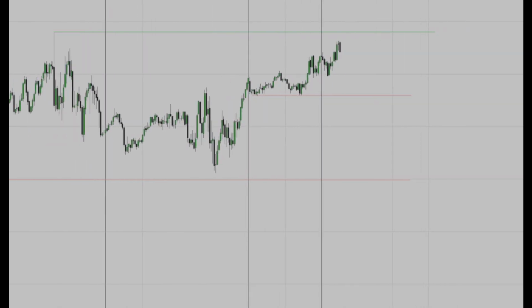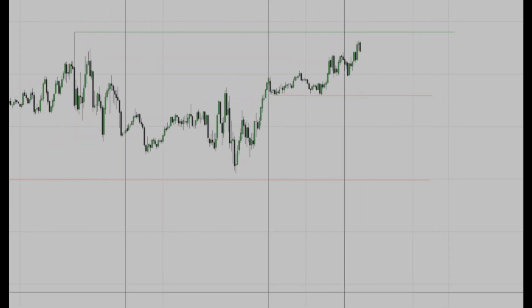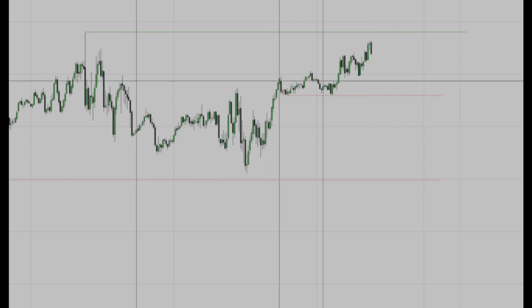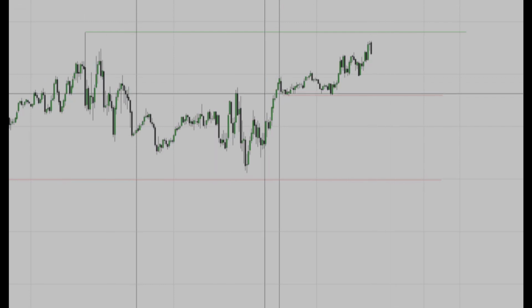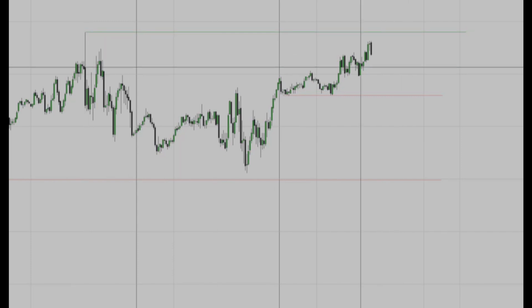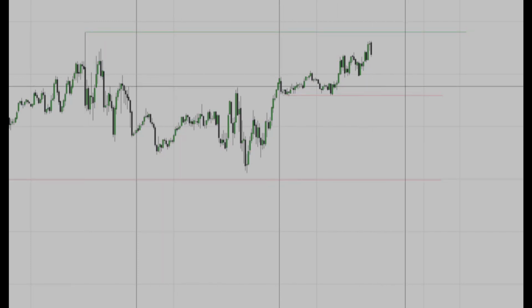So I'll take you through what I do pre-market. Usually I'll do this for both of the indices, but I switch over to a 15-minute chart and I map out buy side liquidity as well as sell side liquidity.